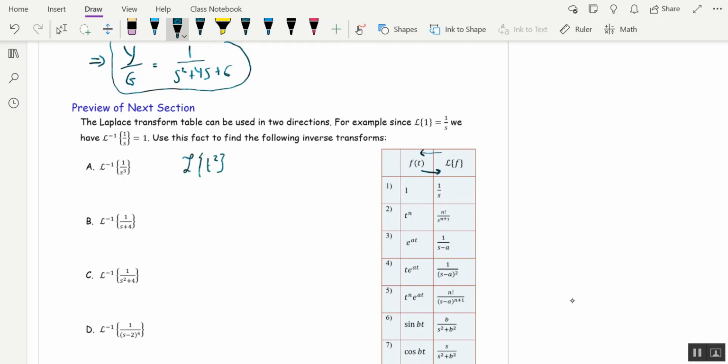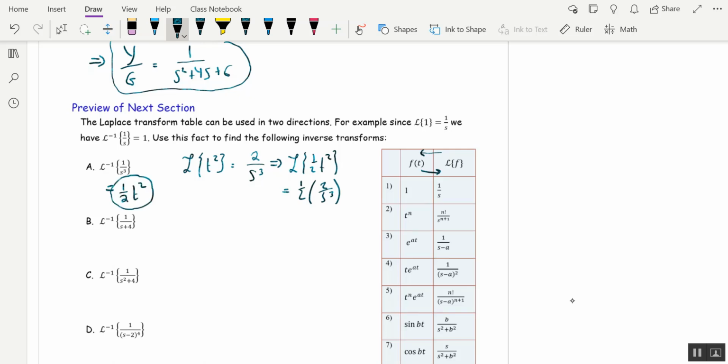This looks closest to me like formula 2: L of t squared is 2 factorial, which is 2, over s cubed. And so I can just do a little bit of massage. Thus, L of 1/2 t squared would be 1/2 times 2 over s cubed, which is 1 over s cubed, which is what I want. So L inverse of 1 over s cubed is 1/2 t squared.